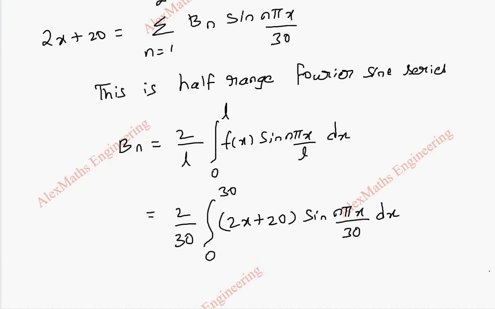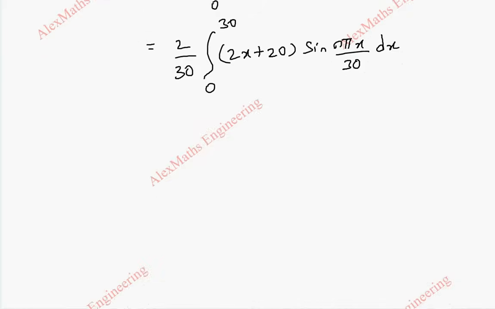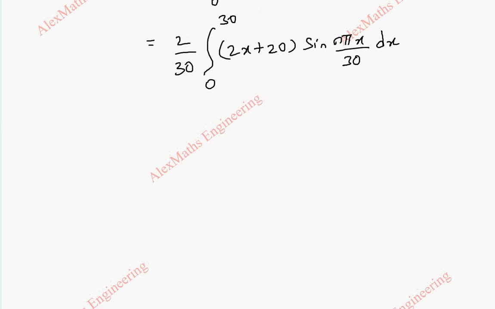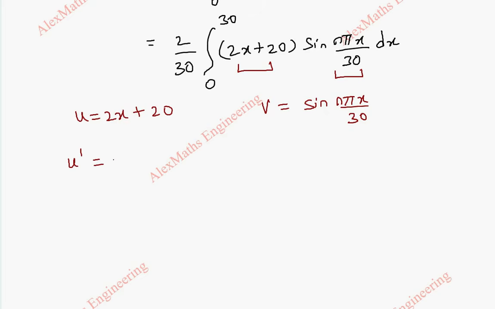Now we are going to use the Bernoulli's formula to integrate this. We take this as u and this as v. So u equal to 2x plus 20 and v is sine n pi x by 30. From this u dash is 2 and u double dash will be 0.